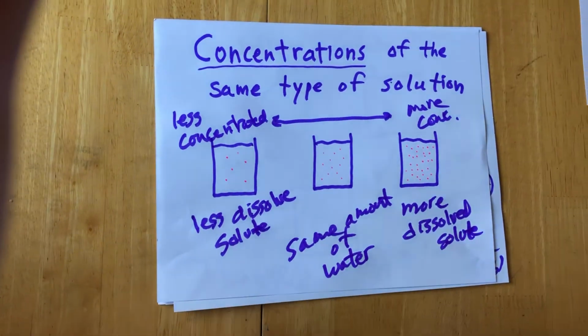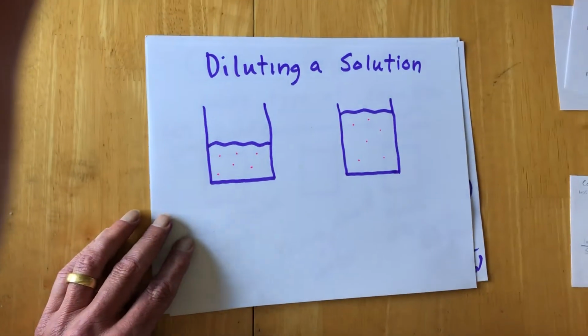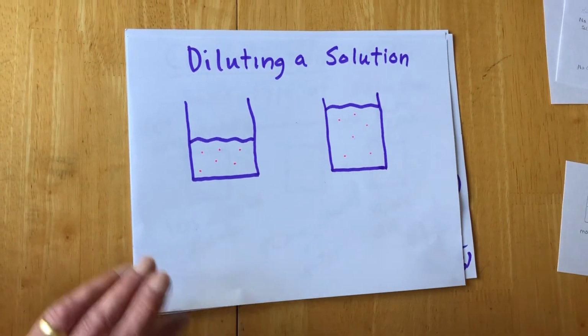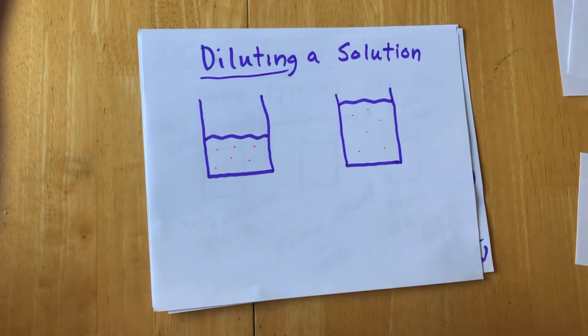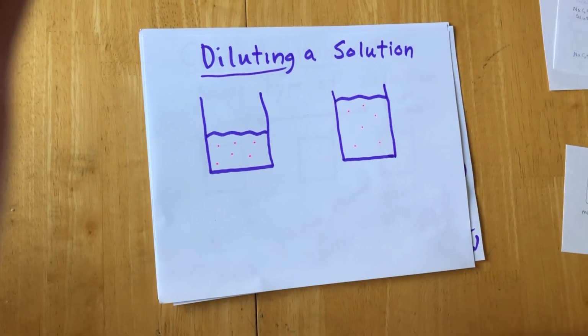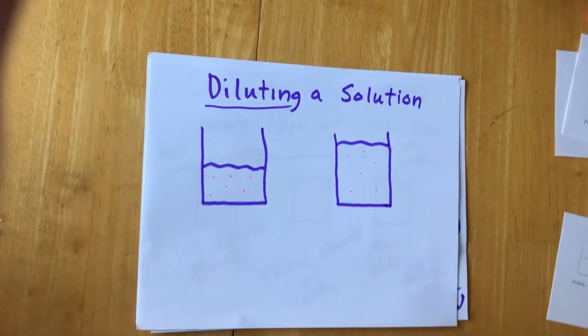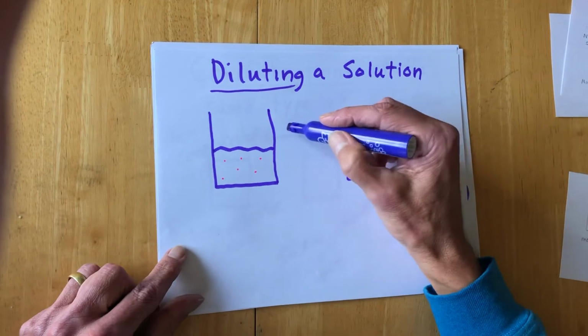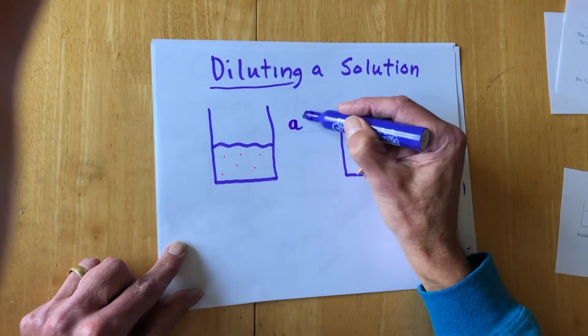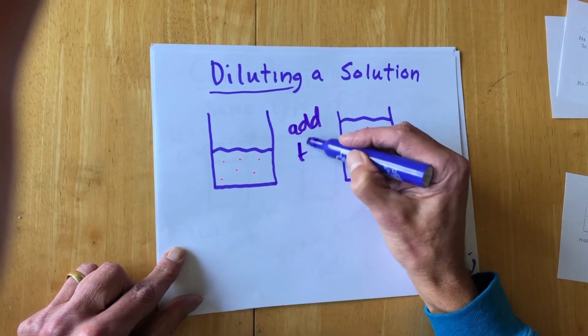And the last thing I wanted to talk about was the word dilution or diluting. To dilute a solution, what you do is very simple, and you've all done this before. You simply add water.